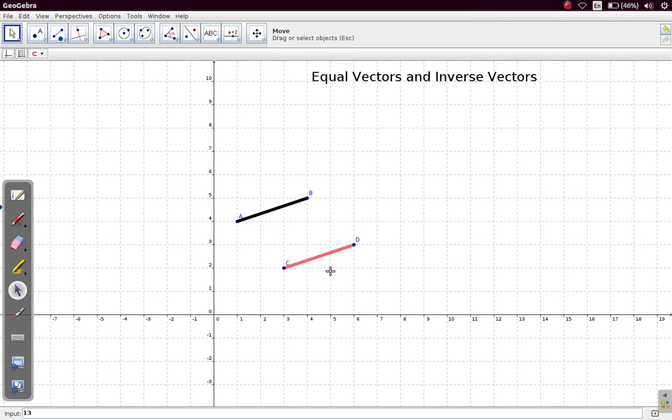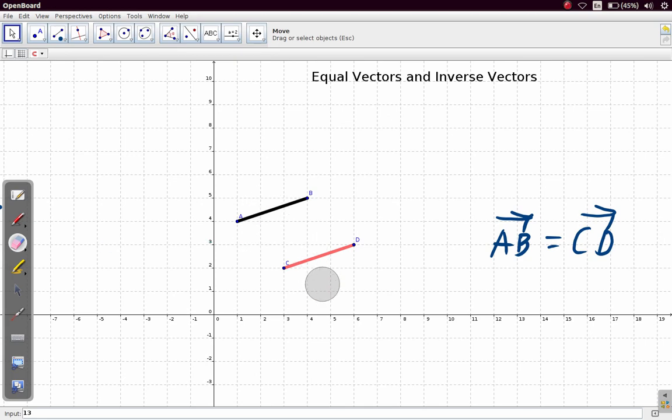You can say that in this case, vector AB is equal to vector CD because they have equal magnitude and direction. I could place an arrow to show from A to B, from C to D, like that.